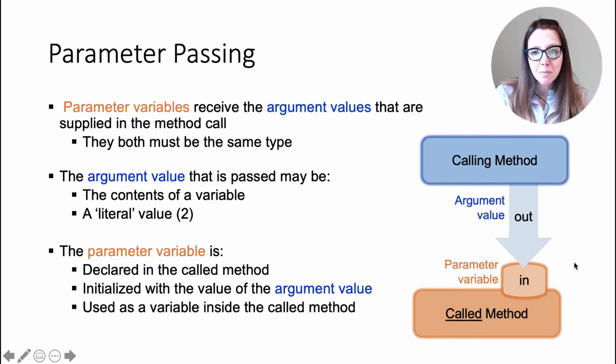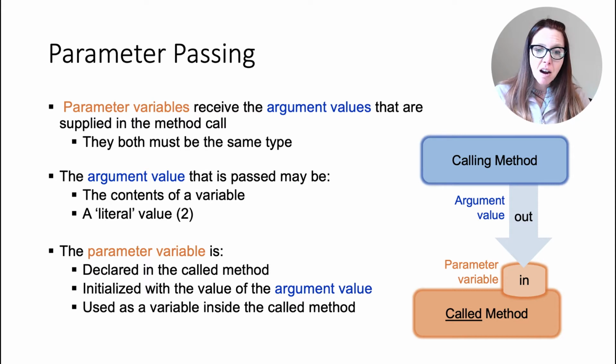When we call a method, we typically will pass some argument values along. And these are received by parameter variables in the called method. Both of these must be of the same type. So the argument value that is passed must be of the same type that is expected by the parameter variable that is receiving it.